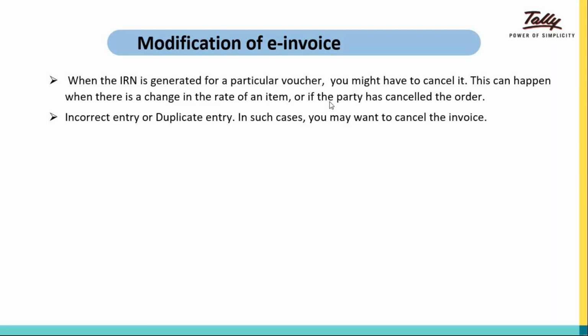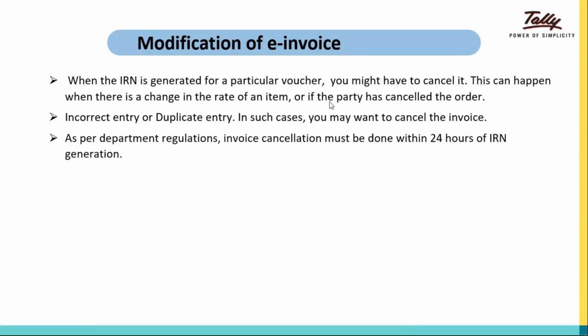As per department regulation, invoice cancellation must be done within 24 hours of IRN generation. That is your invoice reference number for the e-invoice that you have uploaded. If you want to cancel it, it must be done within the 24 hours of the IRN generation.